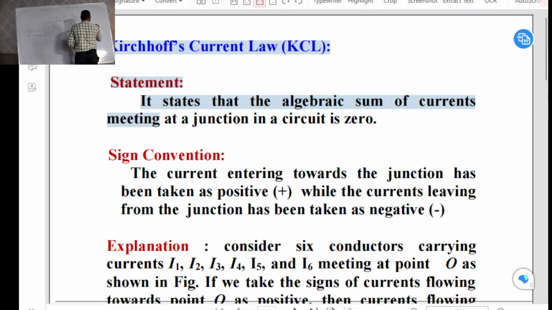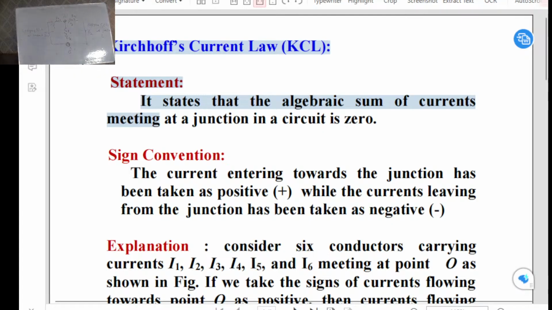How many junctions you get, you have to apply that many times. If you get 6 junctions, apply 6 KCLs. If you get 4 junctions, apply KCL 4 times. Applying KCL at junction B, you have to apply here and here.